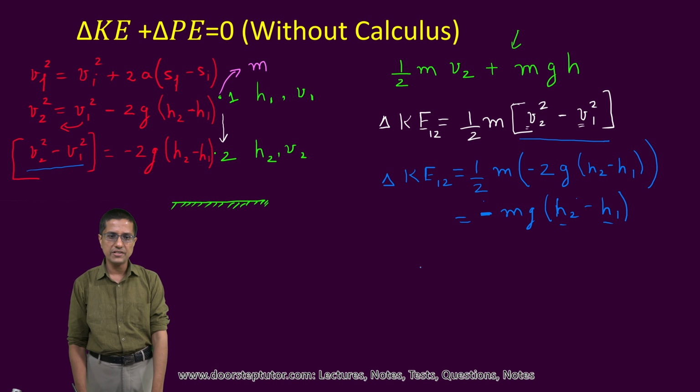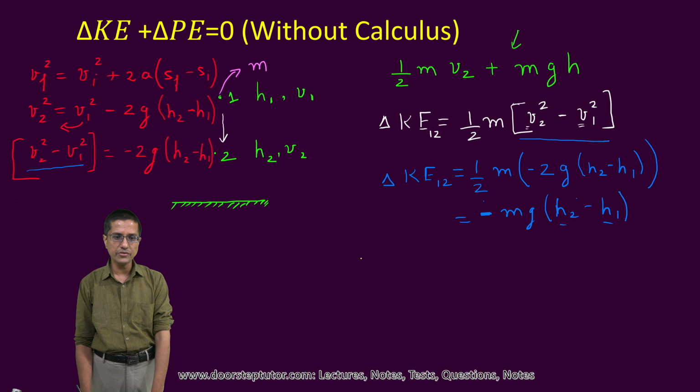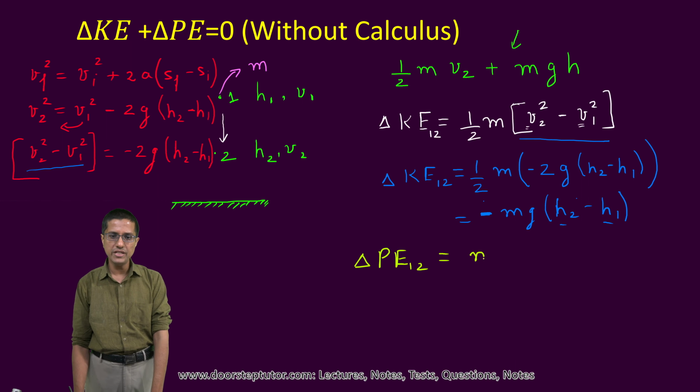What about mgh? Delta PE, the change in potential energy, is equal to mg, which remains constant, times H2 minus H1, final minus initial.